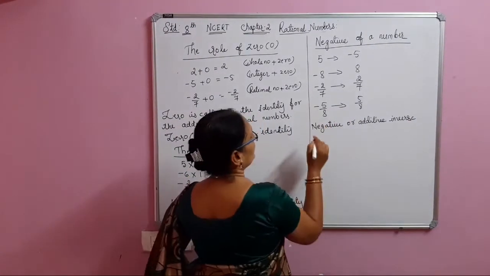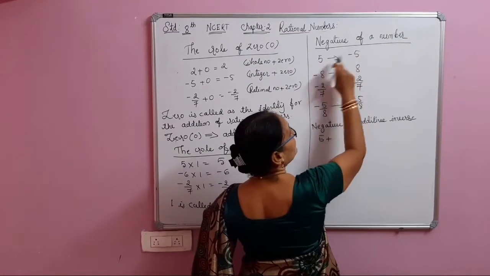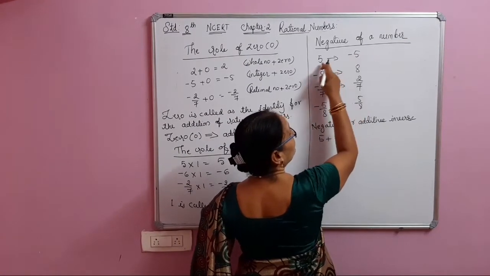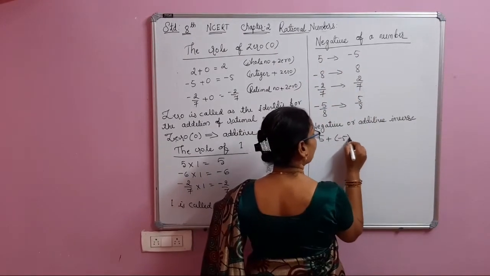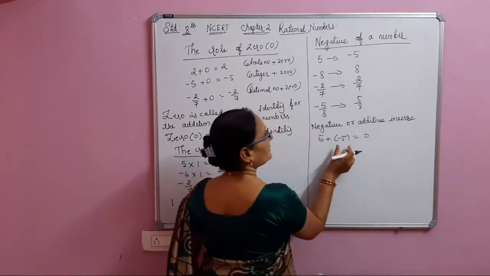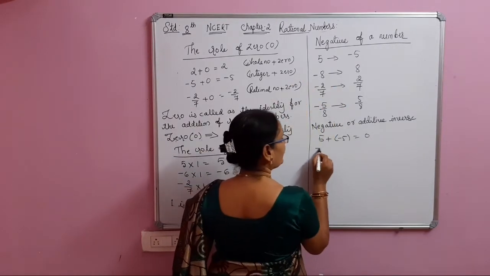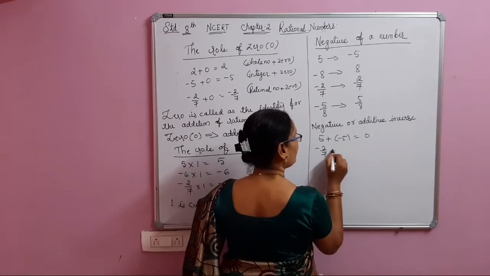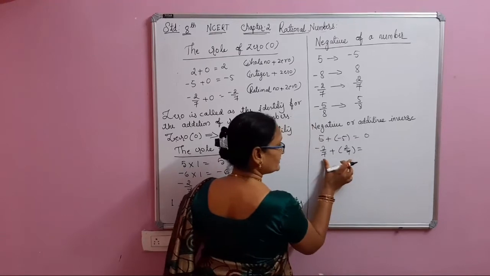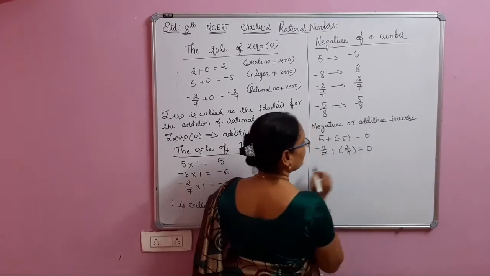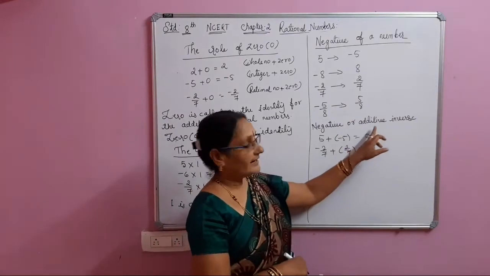Suppose 5, when we add this number and its negative, 5 plus -5 must be 0. Then only we call -5 the negative of +5. Then -2/7 plus 2/7, when we add these two, we have to get 0. Yes, we will get. Such numbers are called additive inverses.